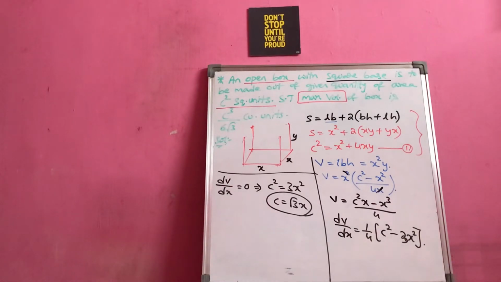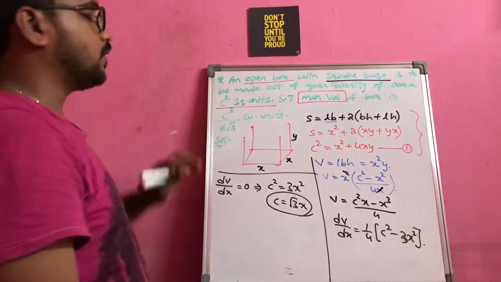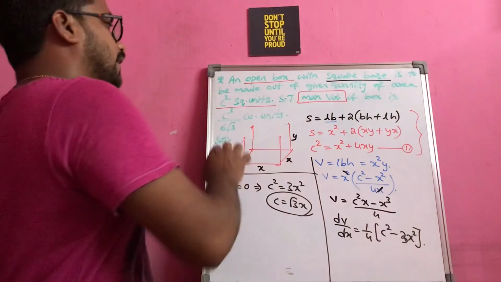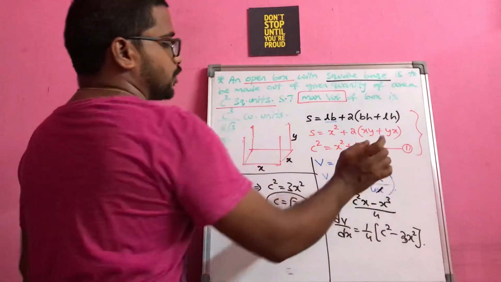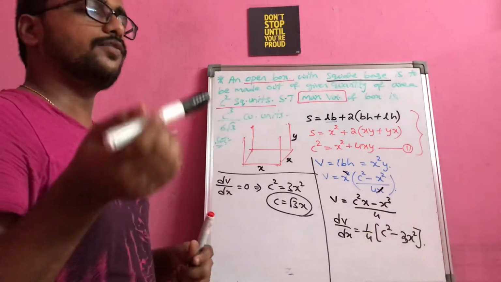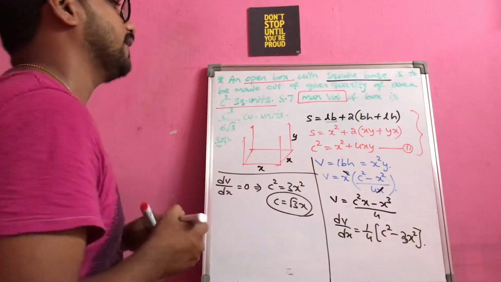But you just observe the proving part. See the proving part here. Proving part is in terms of c cube by 6 root 3. Volume you have to prove as c cube by 6 root 3. Okay, volume completely depends on x square and y. Anyway, you have the x value here. Let us find the y value first, and then we can think of what value is to be calculated.